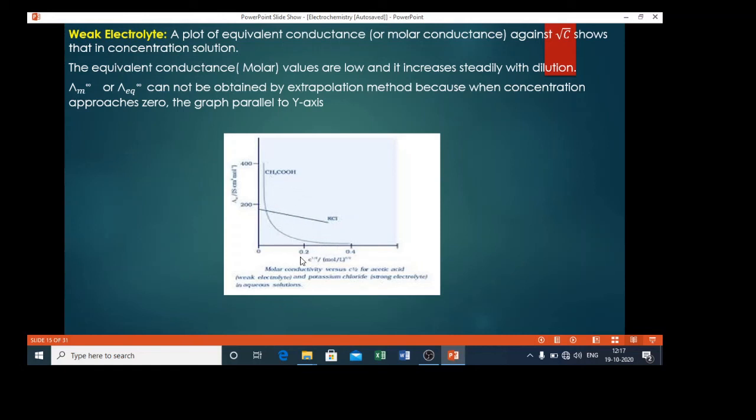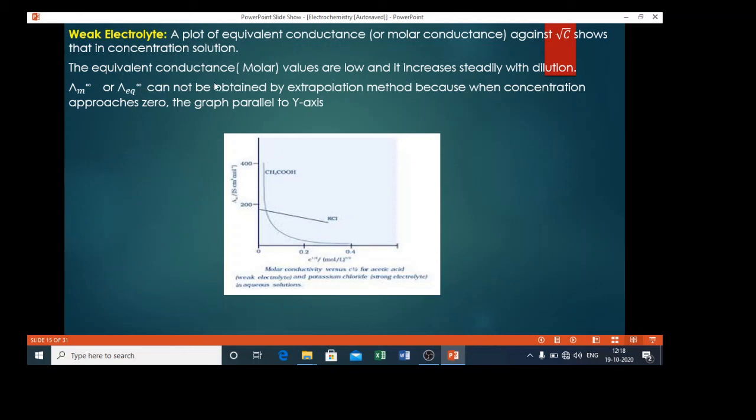When the concentration increases, the values of molar or equivalent conductance decrease. At very low concentration, the values are very high, and the curve becomes parallel to the y-axis.